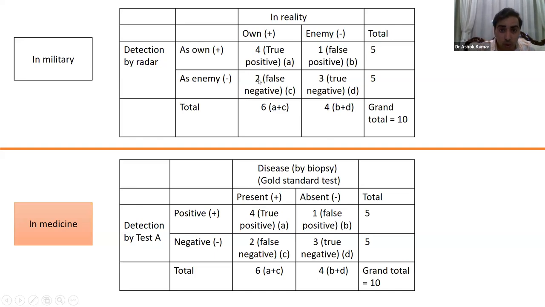So we can put all these things similar to here. This was used earlier in military, but nowadays in medicine. With this example we can understand. So in reality, in disease there is a gold standard test, so we have to assume one test as the gold standard, and a second test that is not the gold standard.